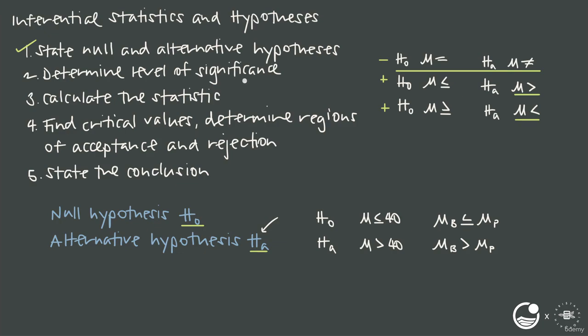But keep in mind that as we're going through this hypothesis testing procedure, it's important to always remember that the goal of this whole process is to provide support for the claim that's being made by our alternative hypothesis. The goal is not to prove that our alternative hypothesis is true.